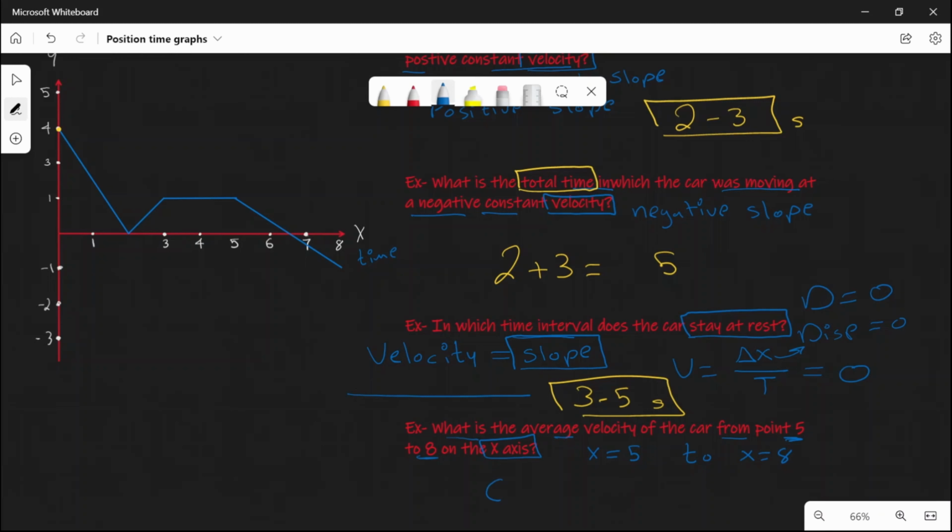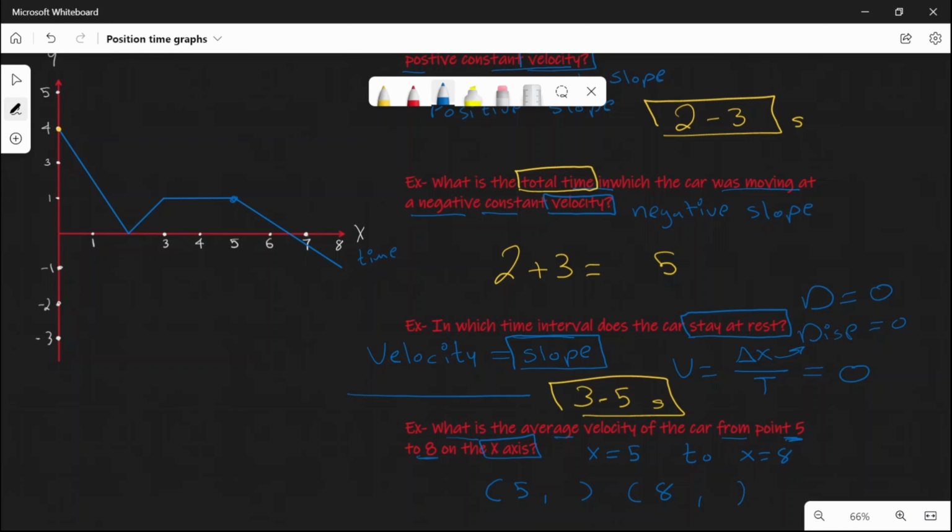So we already know that xi, or the first value of x, is equal to 5, and the other value of x is equal to 8. Now we need to find out the values of y. So let's analyze the graph.